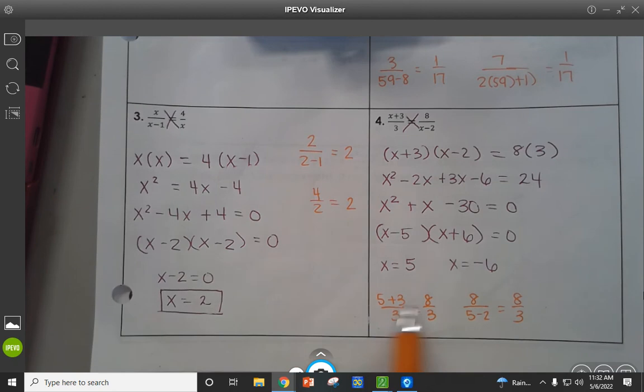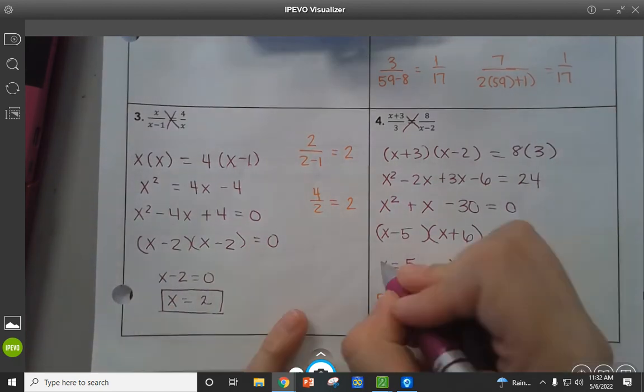So when I plug in a 5 for x, I get 8/3 on both of them.